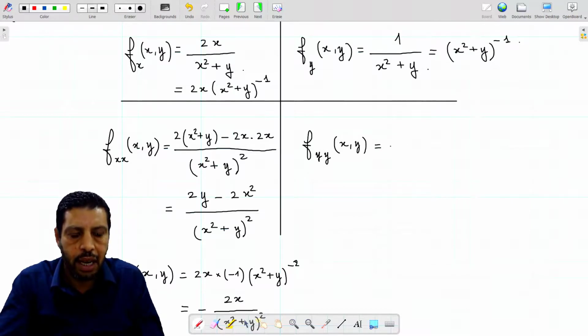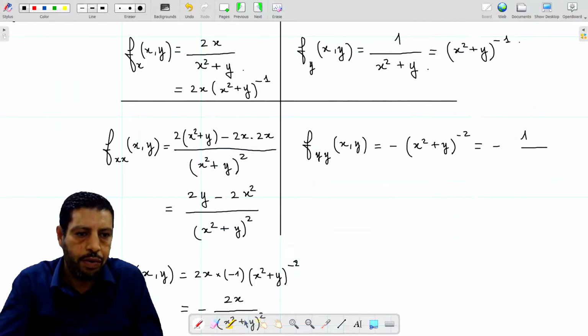Yes, -1, negative sign. The derivative of what's inside with respect to y is 1, so we don't need to write it, and then x squared plus y to the power of -2, which can be written as -1 over x squared plus y to the power of 2.